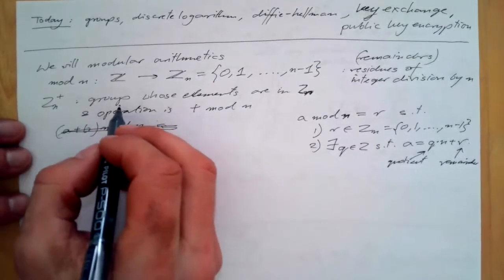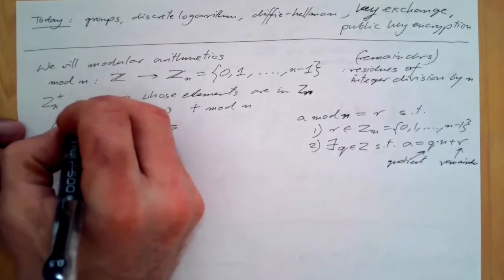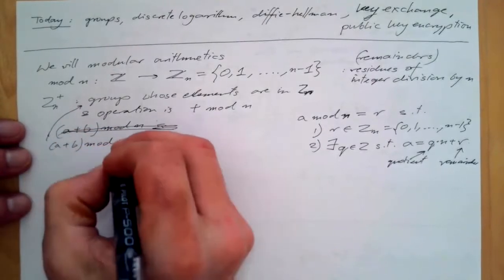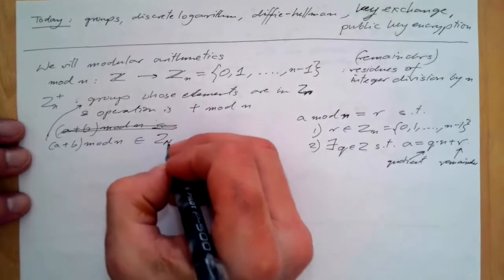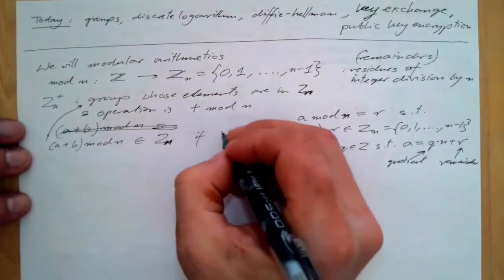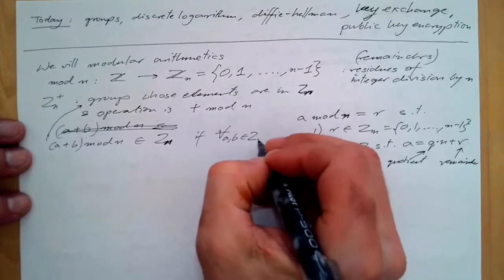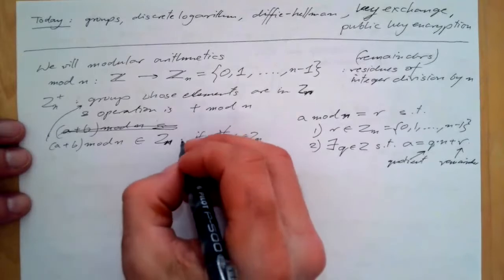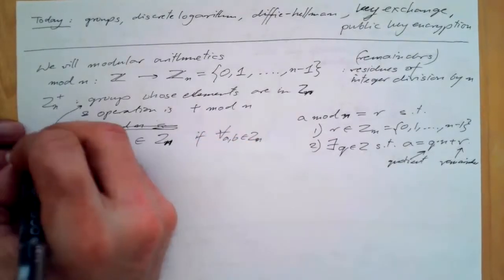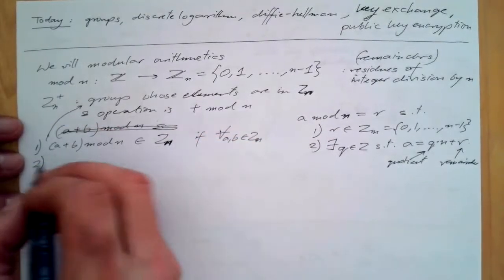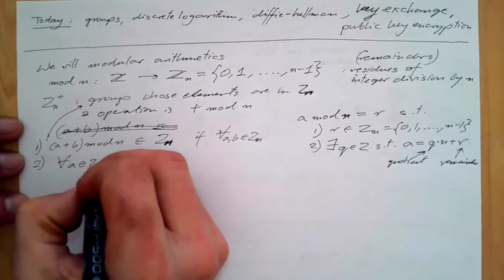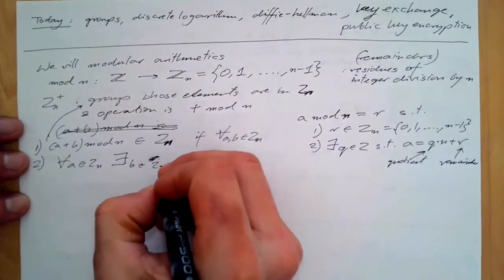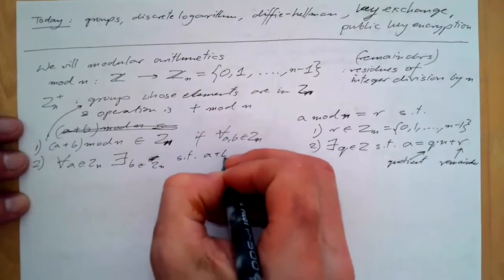What does it mean that it's a group? So what is a group? It means that if I add, I get an element from the same set. For whatever values I have, if I perform the operation, I stay in the same set. Okay, that's one property. Another is that there are inverses. For every a in Zn, there exists a b in Zn such that a plus b is 0.